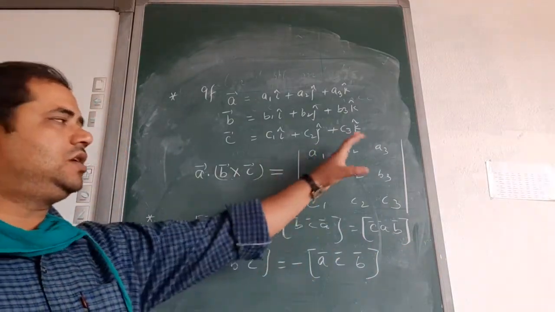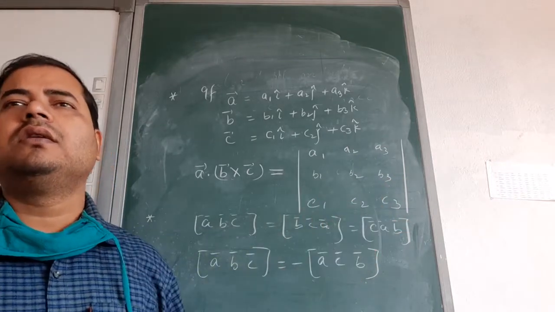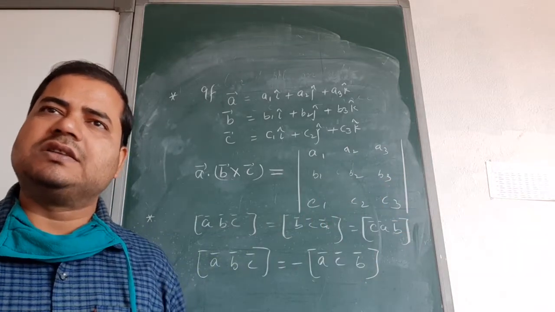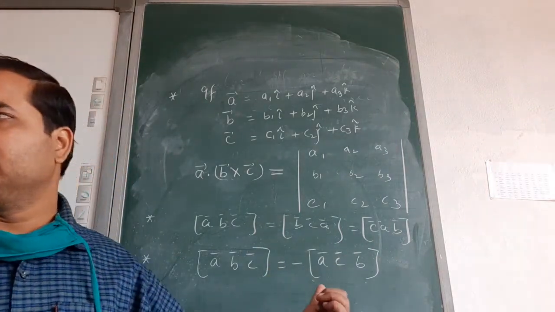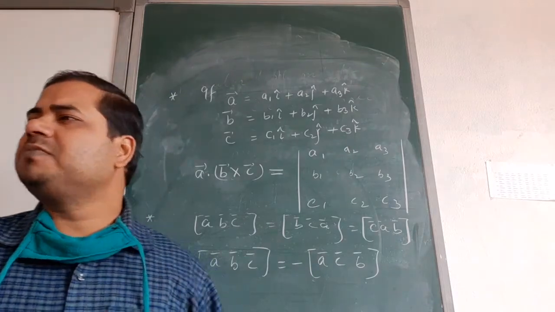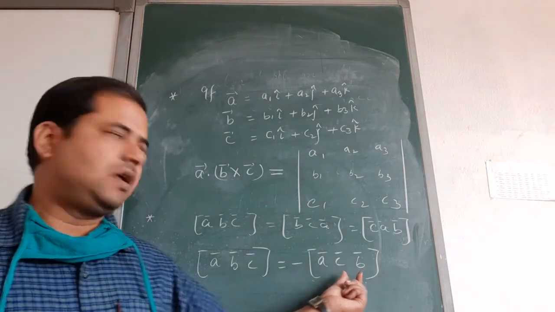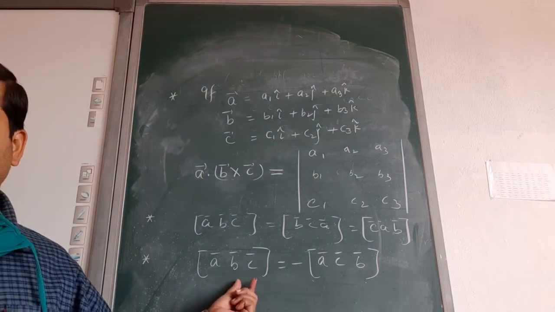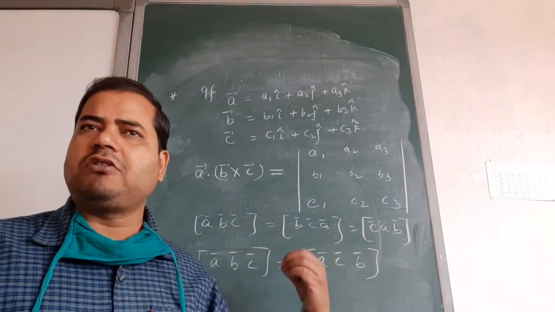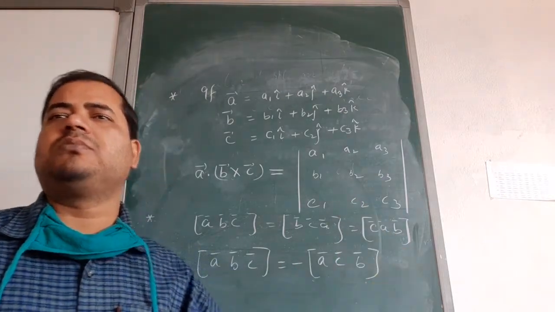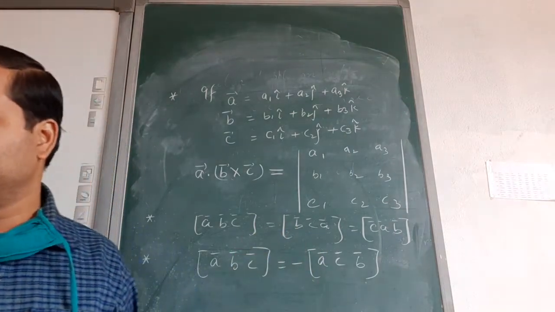Why? Because these are determinants. So if you change a row or column, the sign of the determinant is changed. That's why [A C B]. Or by cross product, you see, B cross C is equal to minus of C cross B. So A dot B cross C is minus of A dot C cross B. Because of changing B cross C into C cross B, the sign of this particular scalar product is changed. Okay.